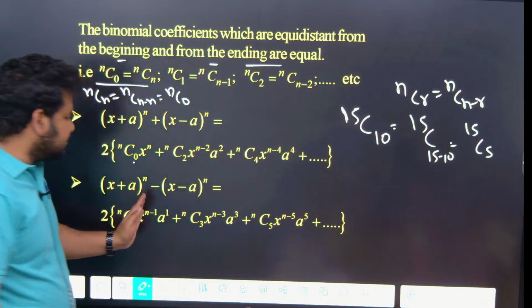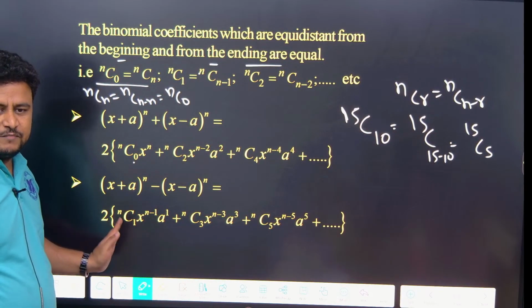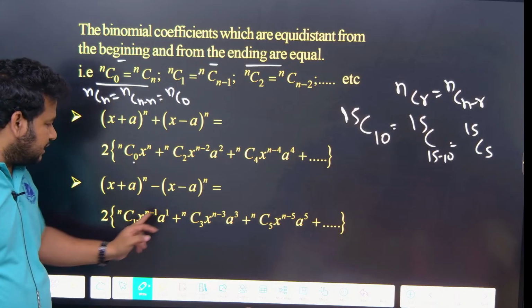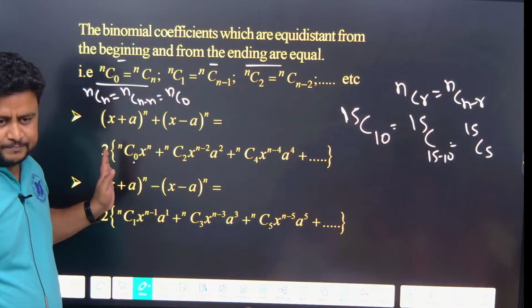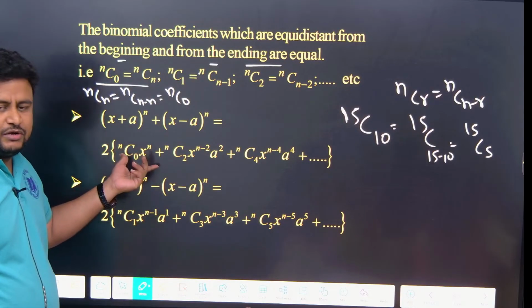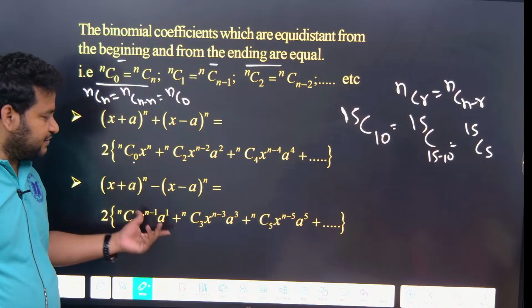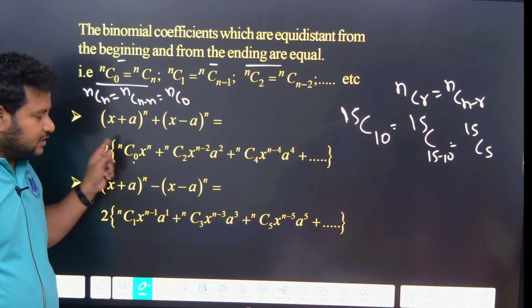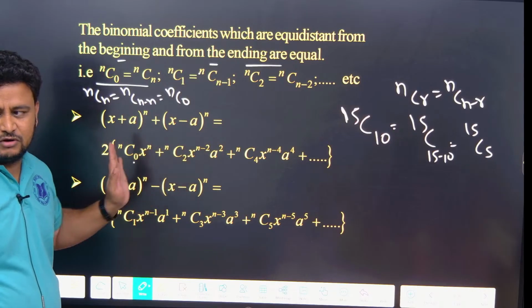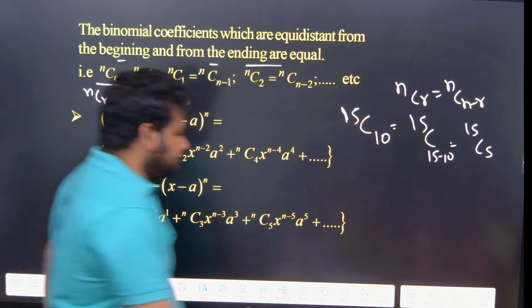If minus is coming, you will get odd terms, that is 1, 3, 5. This one you have to remember. This is effectively odd, this is effectively even, but inside you have to write 0, 2, 4. That is how it looks even. Got it? Clear? Okay.